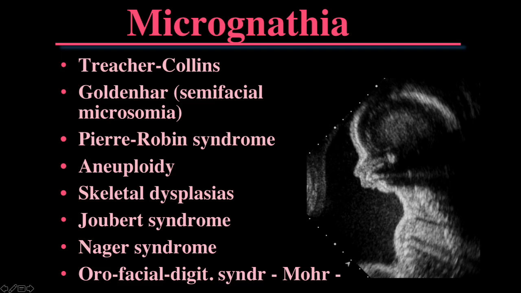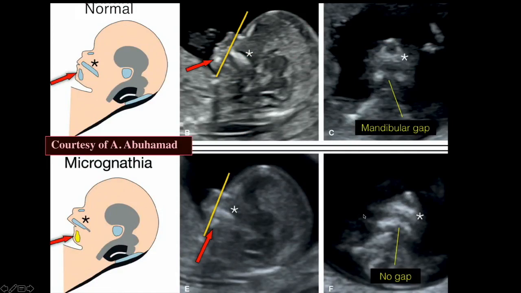So there's lots of different nasty syndromes that can be associated, including all the aneuploidies, obviously, trisomy 18 in particular in this case. And Treacher-Collins is an autosomal dominant syndrome where you can have ear abnormalities as well as a heart defect. So let's see some examples here.